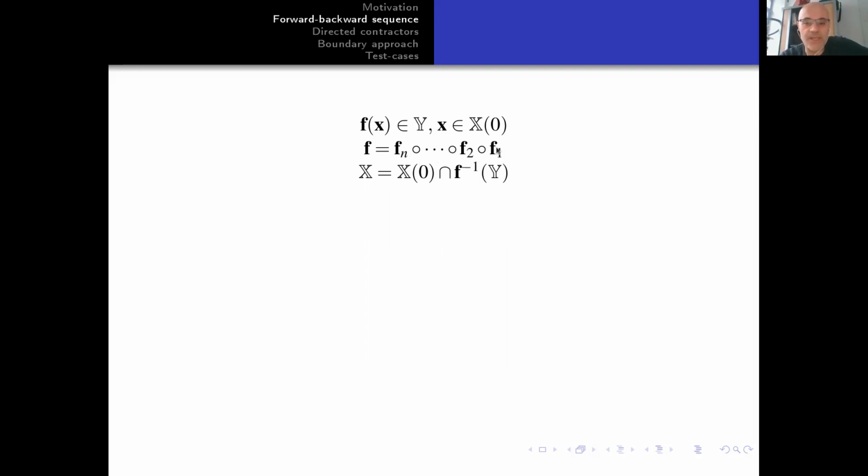This sequence will be important, and it is quite classical in state estimation problems to deal with such a set inversion problem with a composition and an inversion. So it is an inverse problem with a sequence of operations. What we want to compute is the set of all initial states such that the inverse by this complex function of y, intersected with an a priori set. This is what we want to compute.